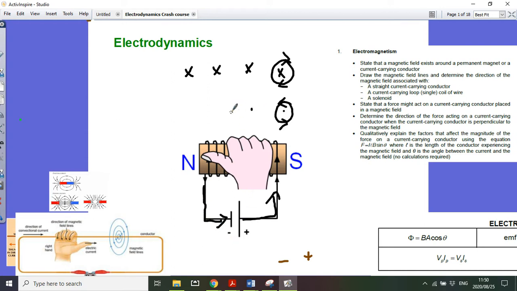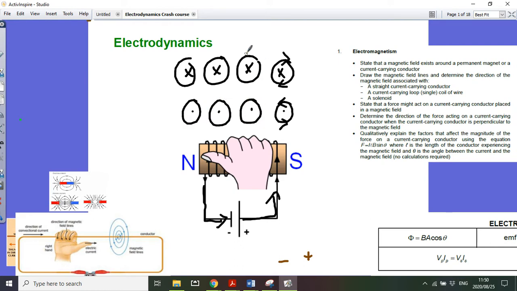We use conventional current. Now each of these will do exactly the same as that first one. So you can draw those little circles, you don't necessarily see them, and each of them will look like the first one. So you'll have clockwise magnetic fields around the top ones, and anti-clockwise magnetic fields around the bottom ones.